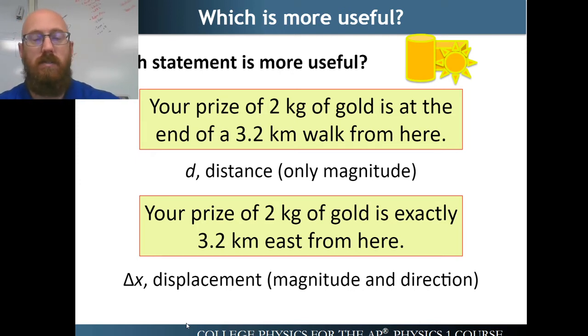Well, not really, because there's a big ocean in the way, but okay. But you end 3.2 kilometers from here. The bottom one is by far better because it assumes a straight line from the starting position 3.2 kilometers to the east. A little bit more useful and slightly different, but understand there's a huge difference in the two when you had to walk that distance.